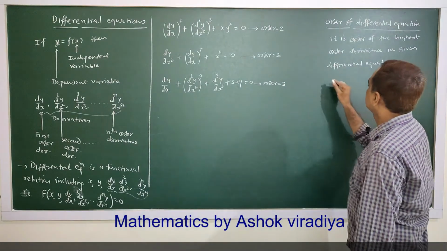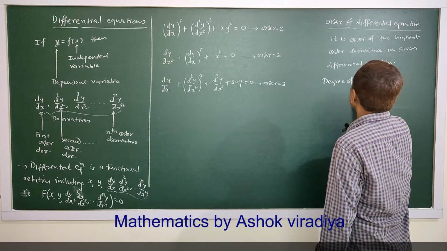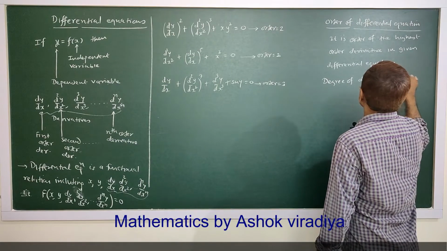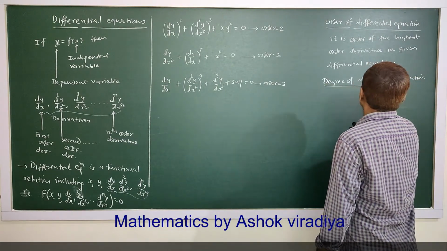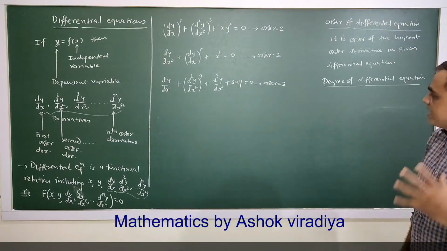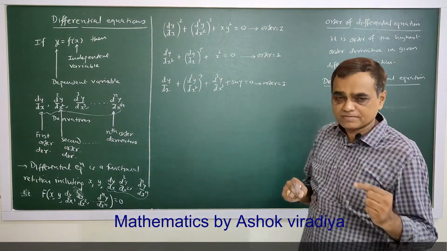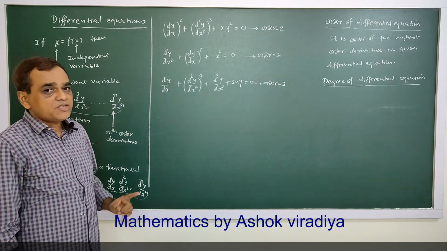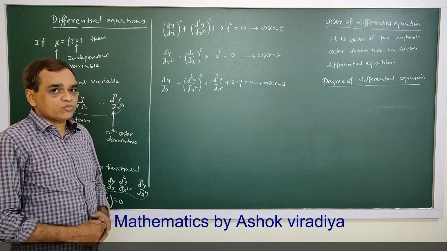Now the second term is the degree of a differential equation. Degree of a differential equation means the method is, in the given differential equation, check the highest order derivative.